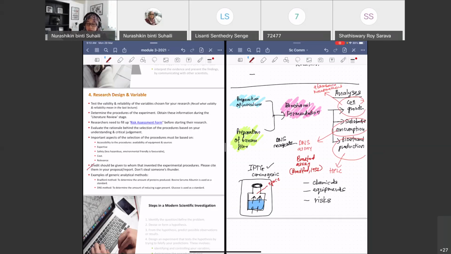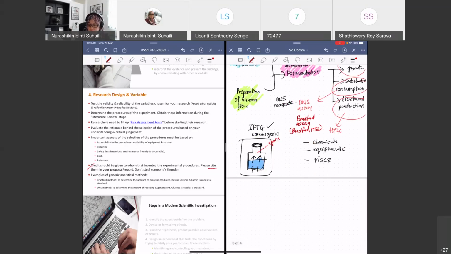So any method that you plan to use in your work, you have to cite. What is meant by cite is, let's say in your proposal, you write that the protein will be quantified based on the Bradford assay.